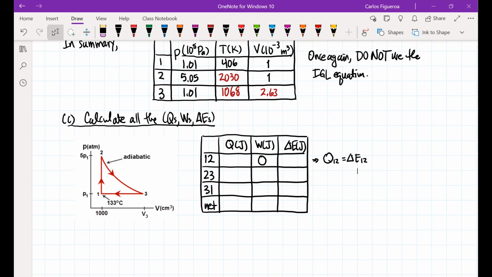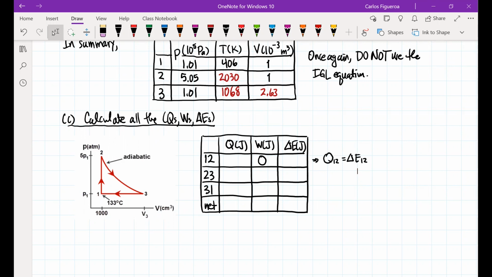And then when I get to state 3 to 1, I'm going to need all 3 quantities. So this tells me that I'm going to need the work from 3 to 1, the heat from 3 to 1, and the internal energy between 3 and 1. But note that I would not individually calculate both of these.